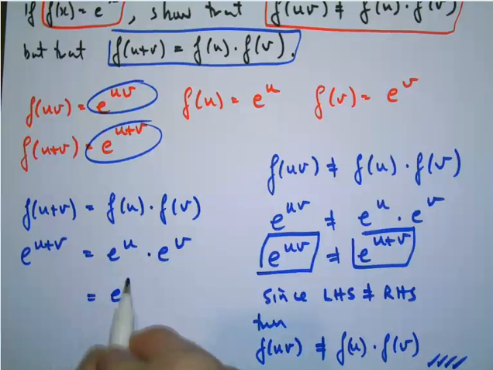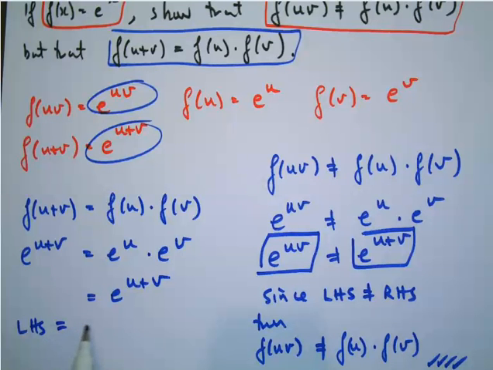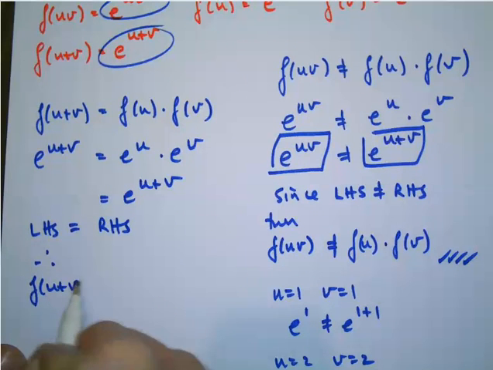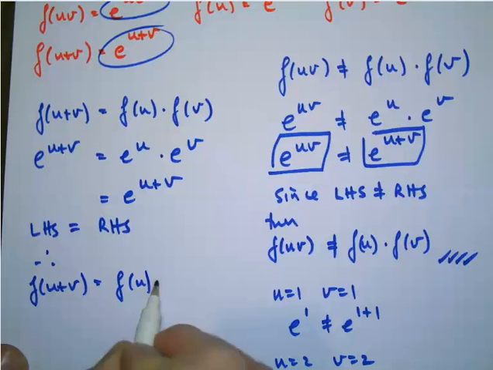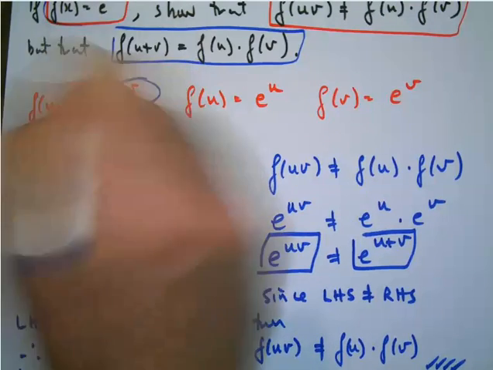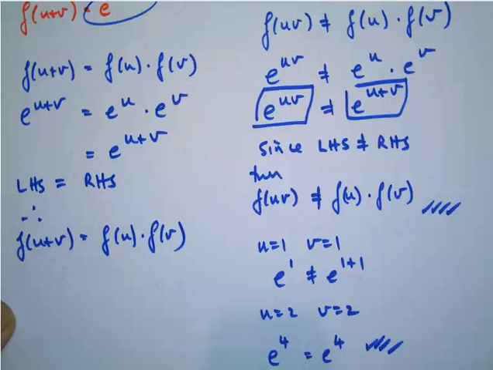That equals e to the u plus v. Notice that the form of the left-hand side equals the right-hand side. Therefore, I can say that f of u plus v equals f of u times f of v when f of x equals e to the x. And that's true for all values of u and v.